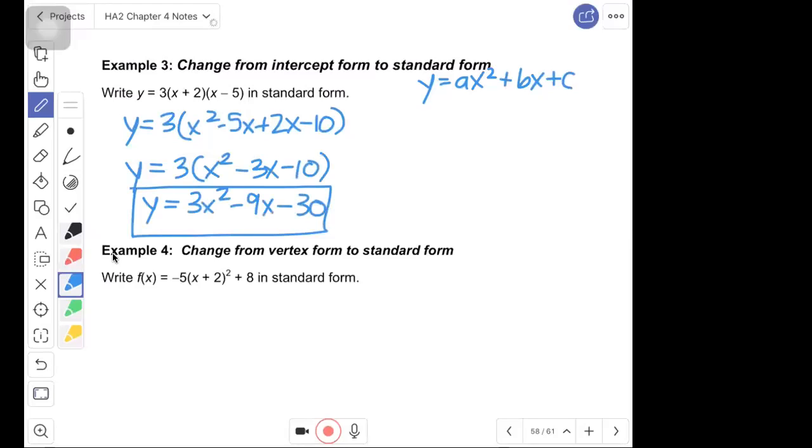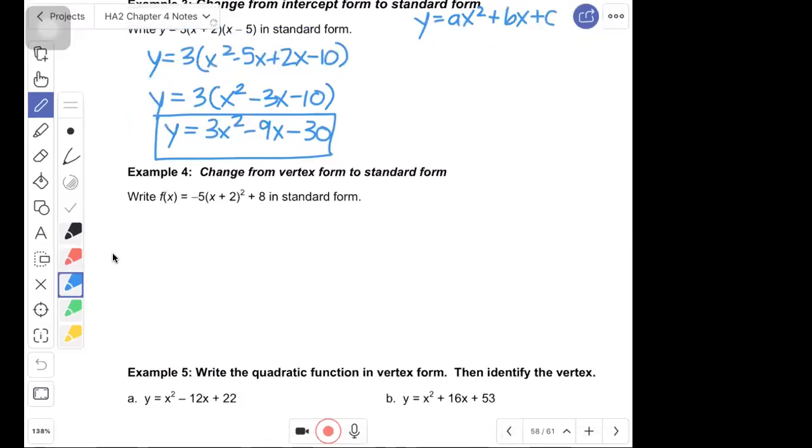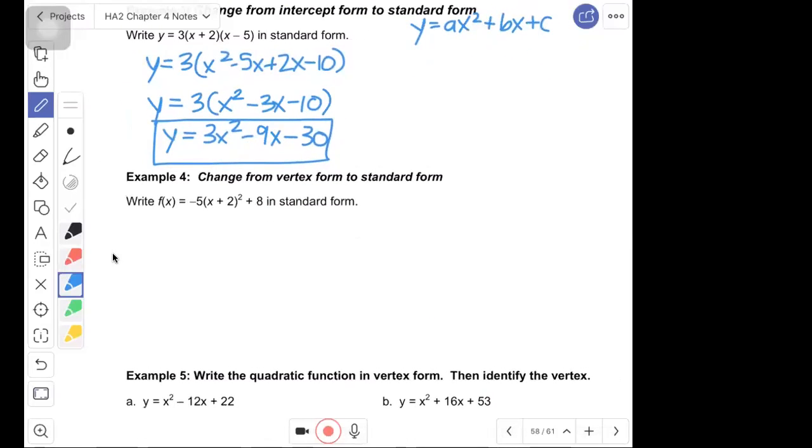In the next example, they're asking us to change this function from vertex form to standard form. Standard form is still that everything's multiplied out, simplified, like terms combined. It's in vertex form. Jaden, how do you think we should go about getting this from vertex form to standard form?